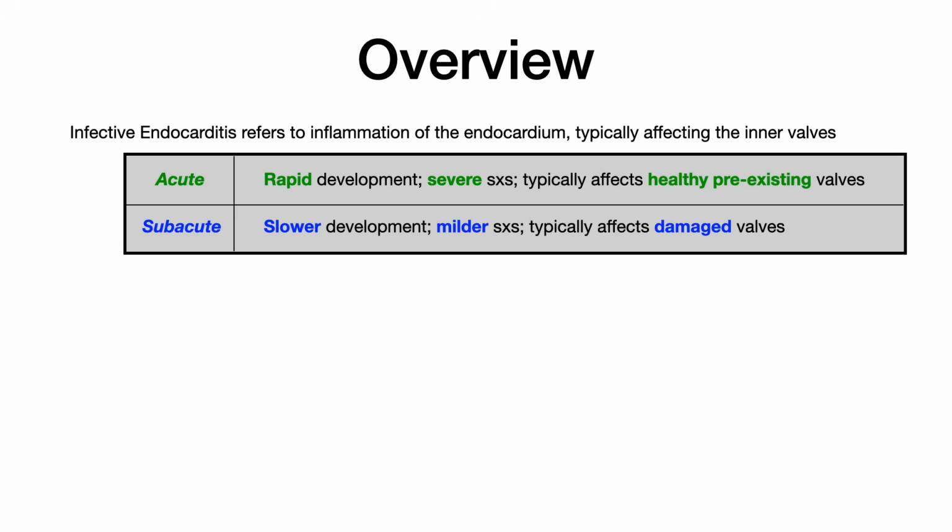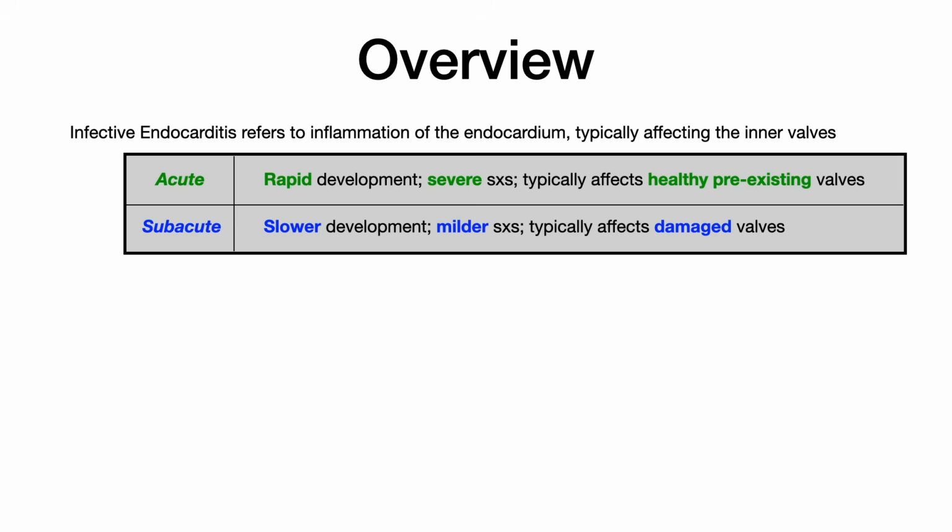When we talk about infective endocarditis, it's really important to differentiate acute endocarditis from subacute endocarditis. Now, if this wasn't obvious already, acute is more rapid, more severe. Subacute is slower, more insidious onset with milder symptoms. Acute endocarditis tends to affect healthy, pre-existing native valves.